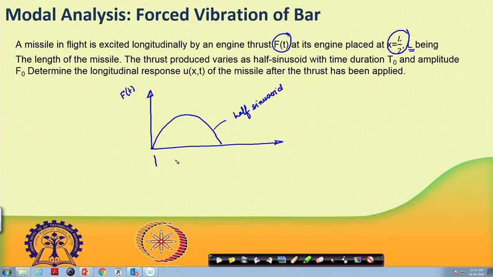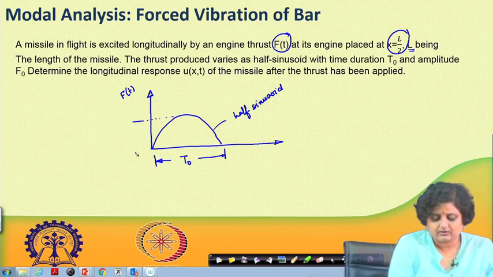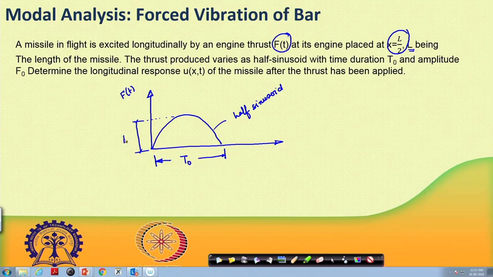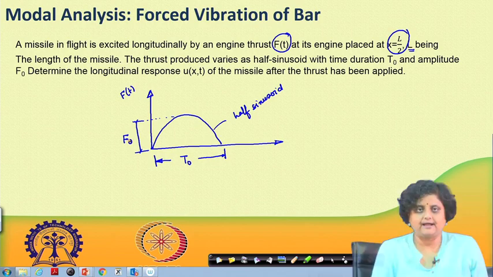The time duration over which this thrust is acting is T0 and the amplitude is F0. So, we need to find out the longitudinal vibration response of the missile after this thrust acts on the missile.